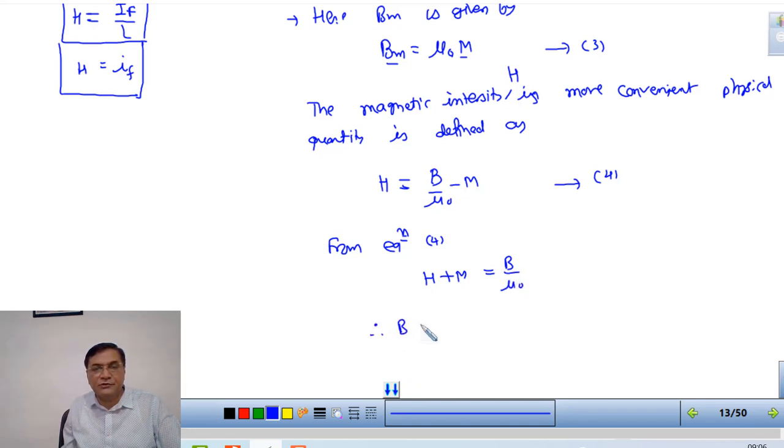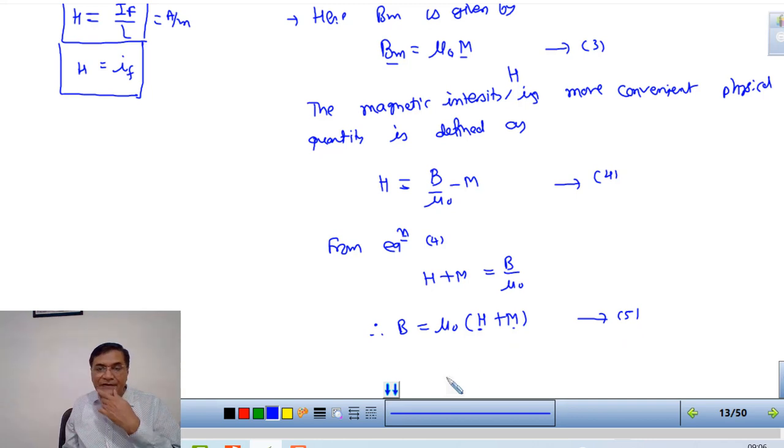And therefore B is equal to μ0 times H plus M. H is the magnetic intensity and M is the magnetization. It means that both have the same unit, ampere per meter. And we have already shown the unit of M is ampere per meter. Let us say this is equation 5. Okay.